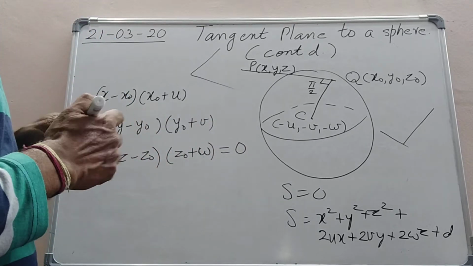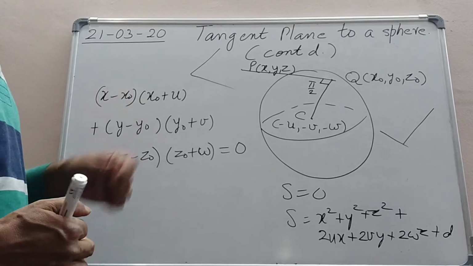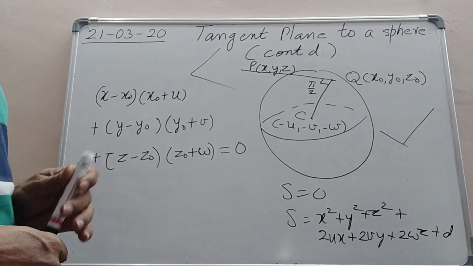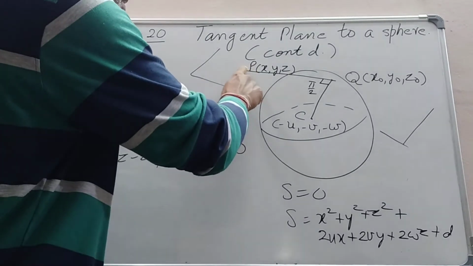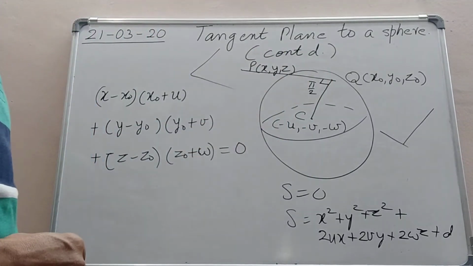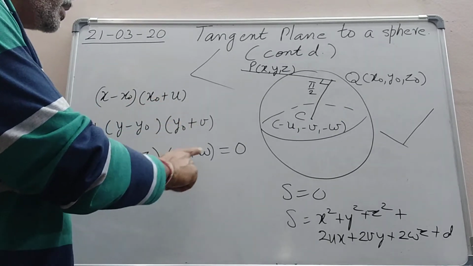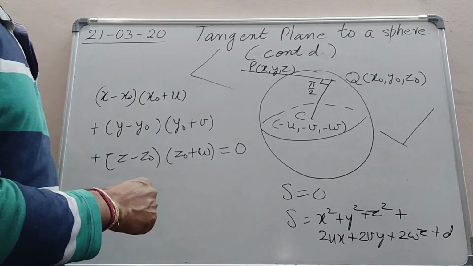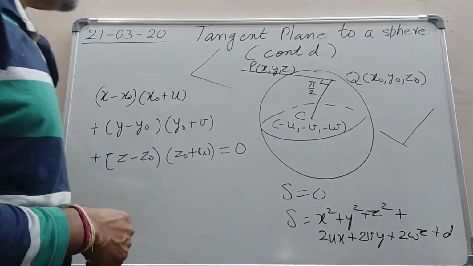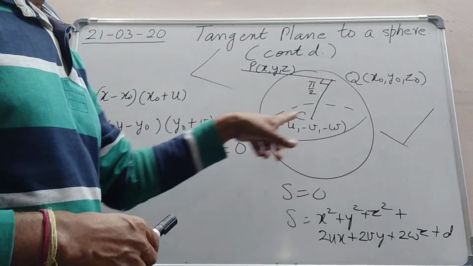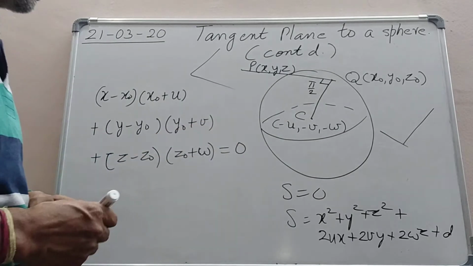So what are we doing? The first factor, x minus x0, y minus y0, z minus z0, are proportional to the drs of the line passing through P and Q. The second factor, x0 plus u, y0 plus v, z0 plus w, are the numbers which are proportional to the drs of the line CQ. x0 minus of minus u is x0 plus u, and so on.